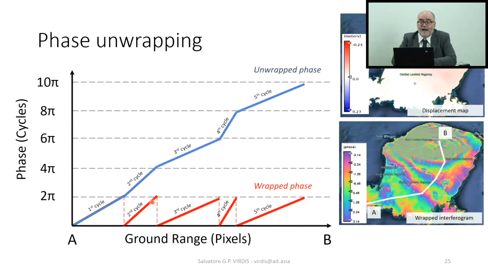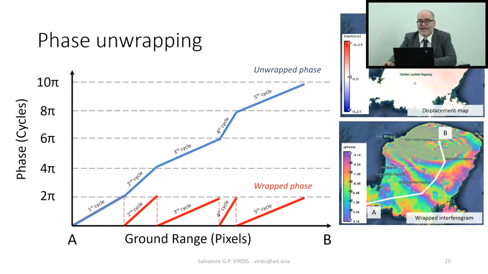So we are unwrapping the interferogram. If here we have a relative cyclic measurement, here we have an absolute measurement of displacement with respect to our 0 as a reference. On the left side, in the bottom part, we have the wrapped interferogram, and on the right part, we have the unwrapped interferogram.